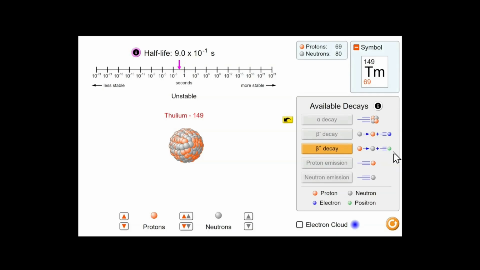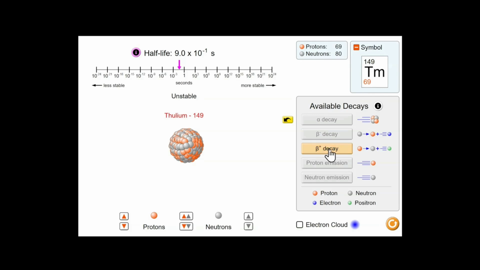So what's going to happen? The protons here are going to go down by 1. This is going to stay the same because we still have the same number of protons plus neutrons. It's just now we have 1 more neutron, 1 less proton.